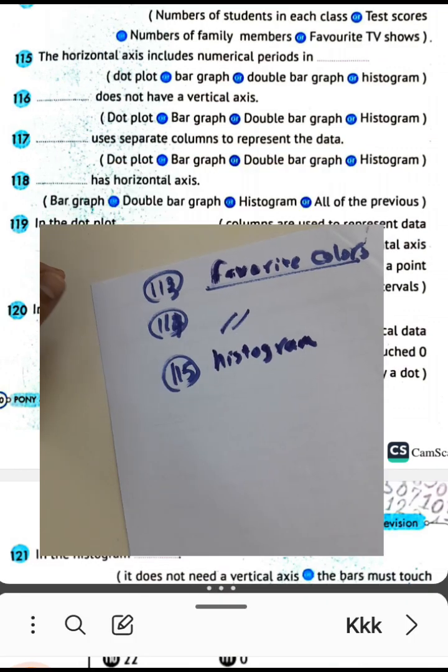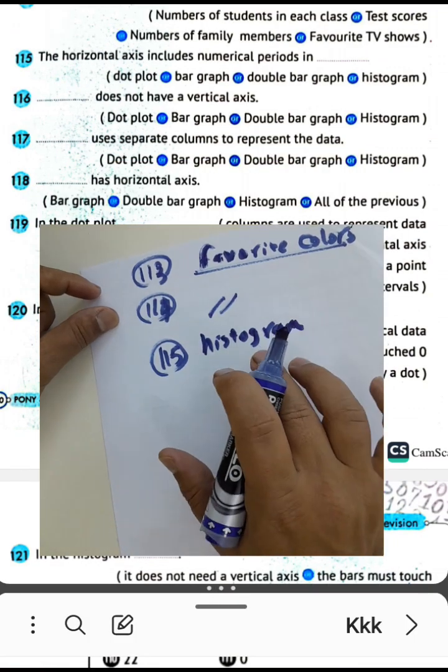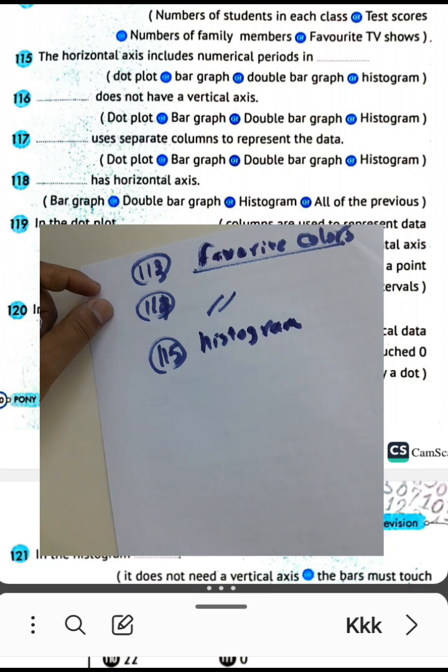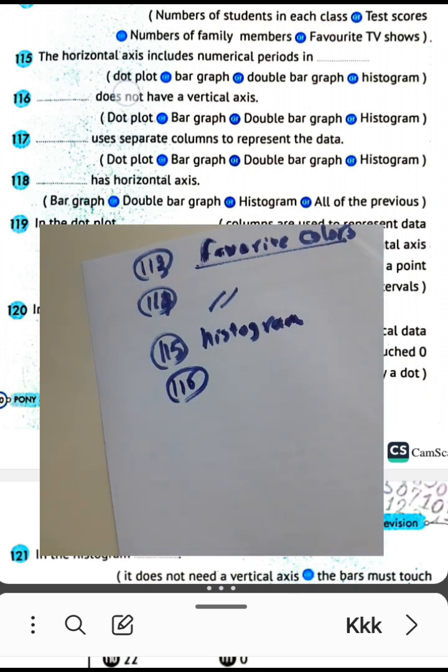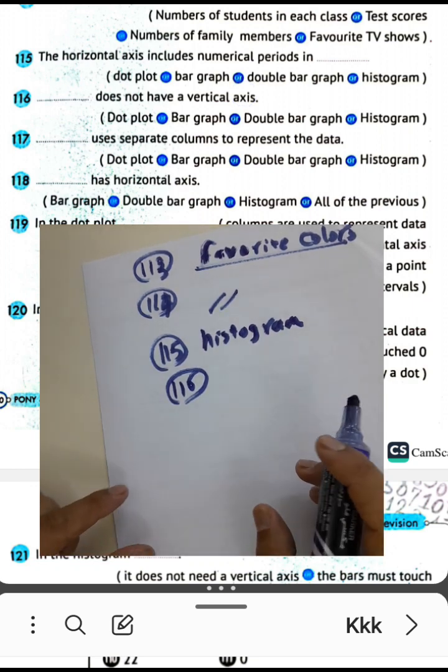Choose histogram. Question 115, the horizontal axis includes numerical values in a histogram. Question 116, which doesn't have a vertical axis? It will be the dot plot.